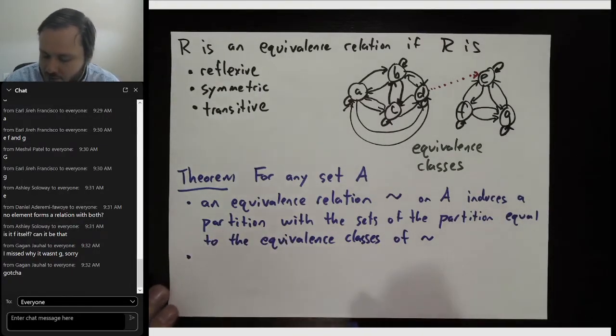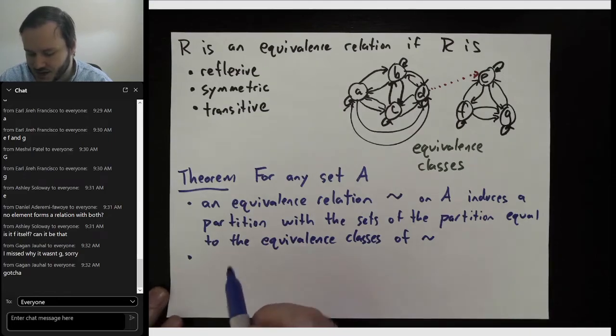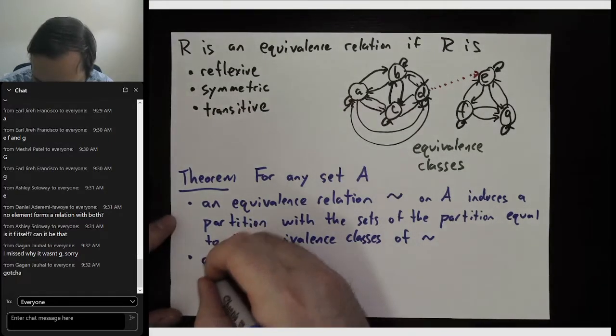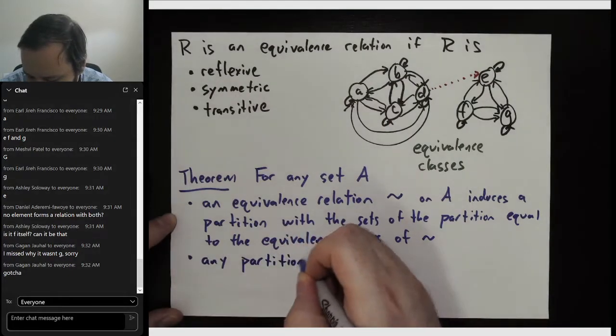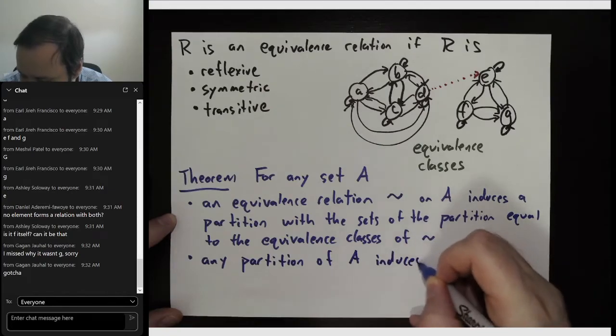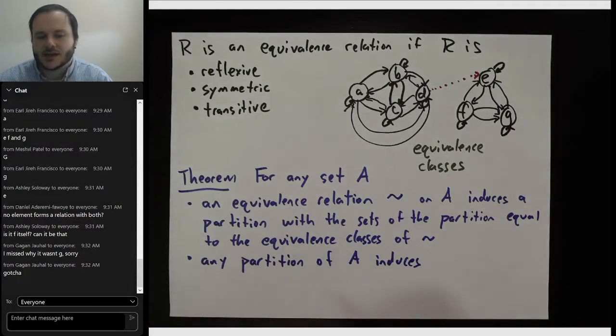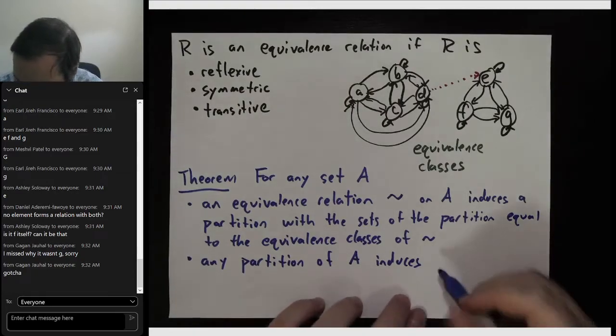And any partition induces an equivalence relation. When I say induces, I just mean if you give me a partition, I can find an equivalence relation that's like created out of that partition.